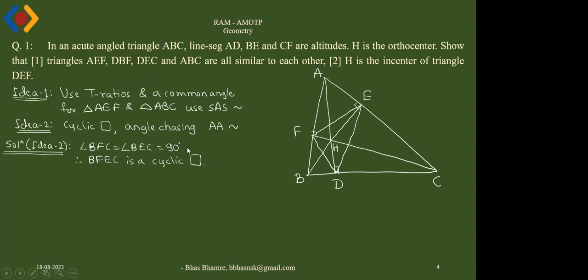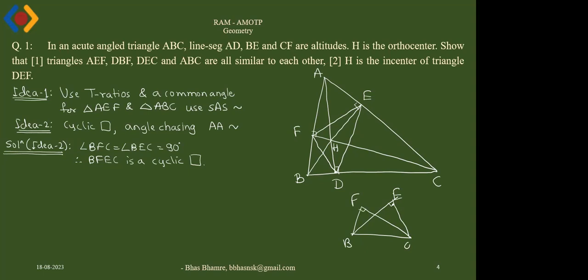Because, see, I will draw a figure over here. Something like that. Here is our E, here is our F, here is our B and C. So it is 90 degrees, 90 degrees.